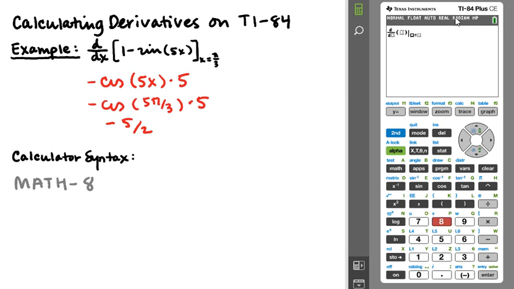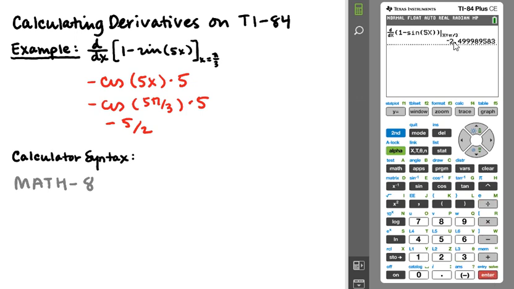Now we need to be in radian mode at all times in this course. I know physicists are going to have a hard time needing to switch back and forth. We're going to take the derivative with respect to x of the function 1 minus sine 5x at the point where x is equal to pi divided by 3.